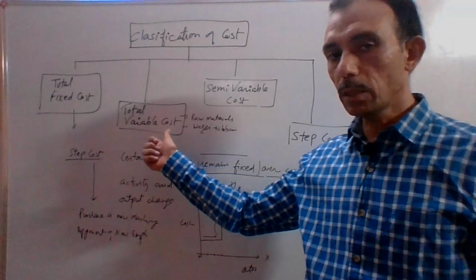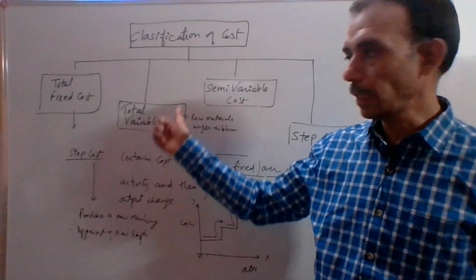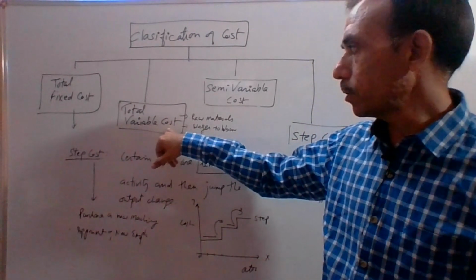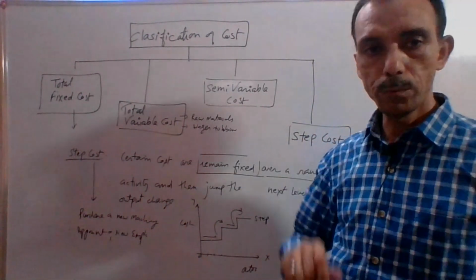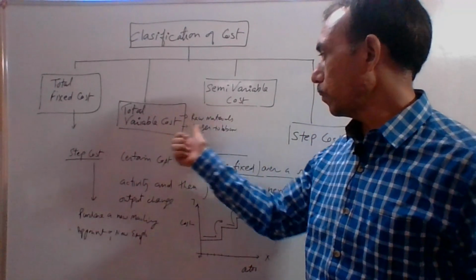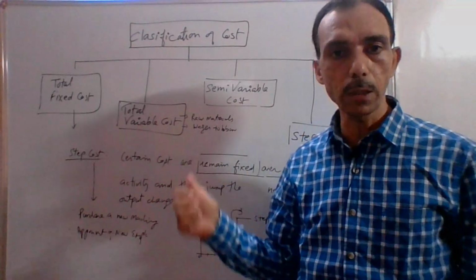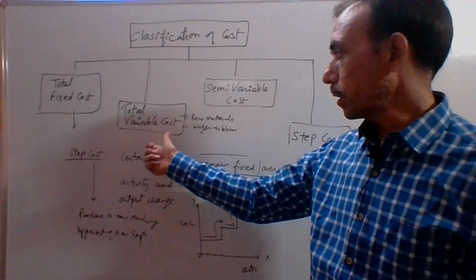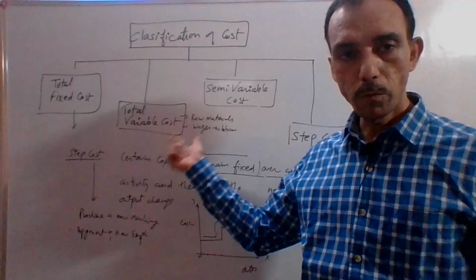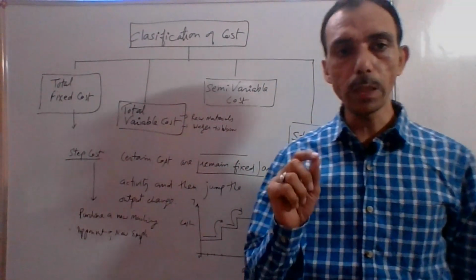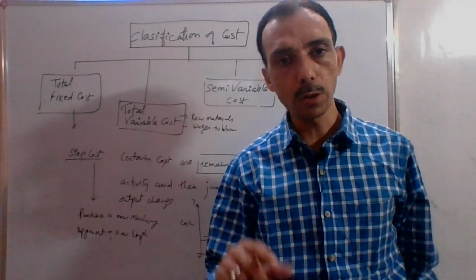As the production decreases, variable cost also decreases. And when the output is zero, variable cost is also zero. Examples of variable costs are raw material, wages to labor, or power consumption. Total variable cost is variable in total, but per unit variable cost is fixed.